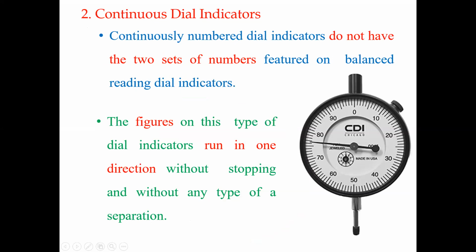These dial indicators do not have the two sets of numbers featured on the balanced reading dial indicators. The figures on this type of dial indicator run in one direction only, the clockwise direction, without stopping and without any type of separation. Figures run in one direction continuously without any break. This is the continuous dial indicator.